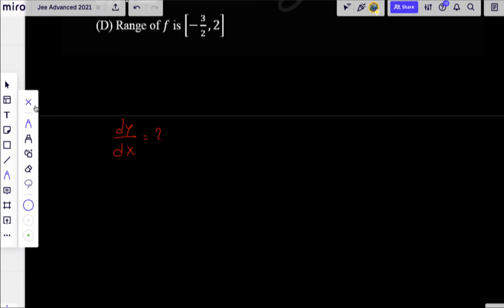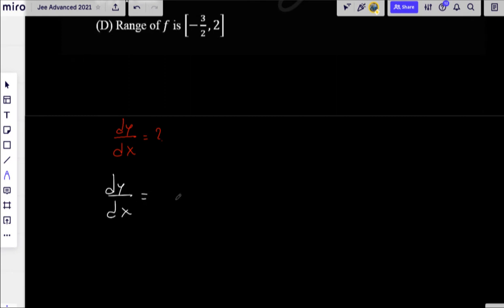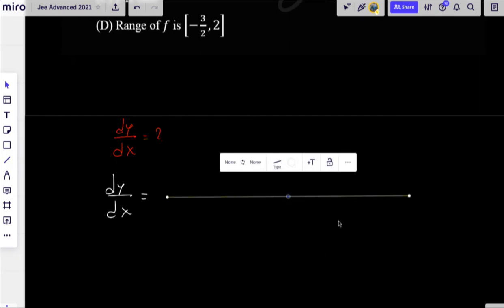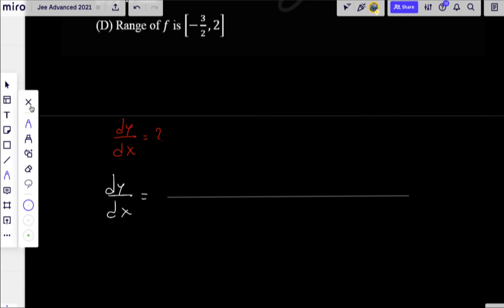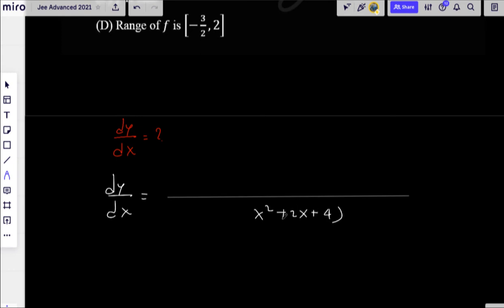We have to apply the quotient rule here. So dy by dx is equal to, in the denominator, x square plus 2x plus 4 whole square, and in the numerator, first we recall the denominator x square plus 2x plus 4 and differentiate the numerator, that is 2x minus 3.